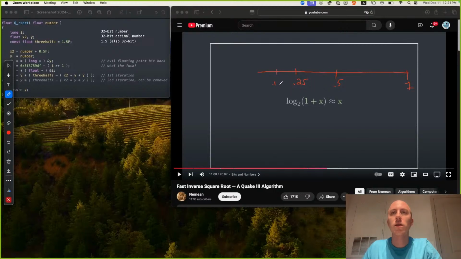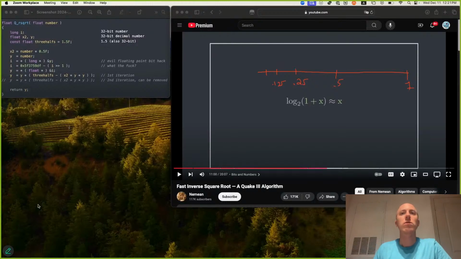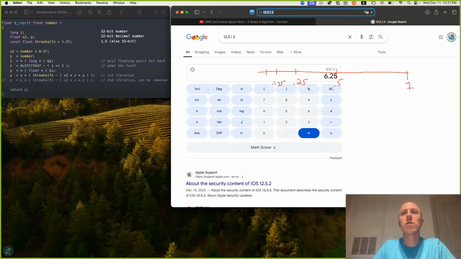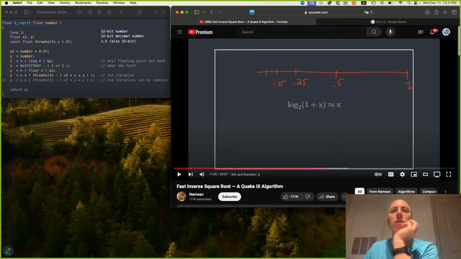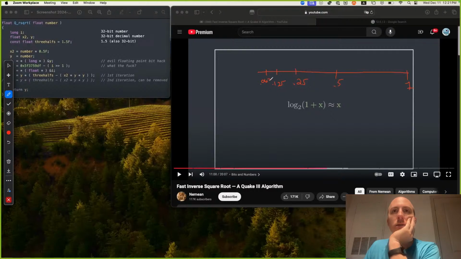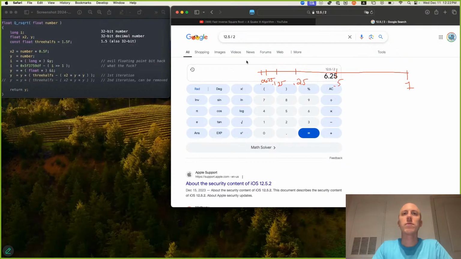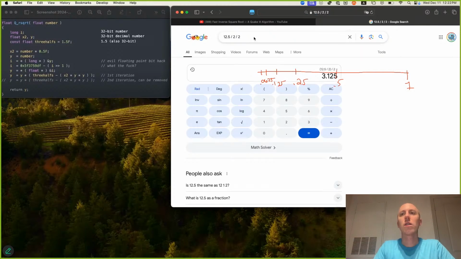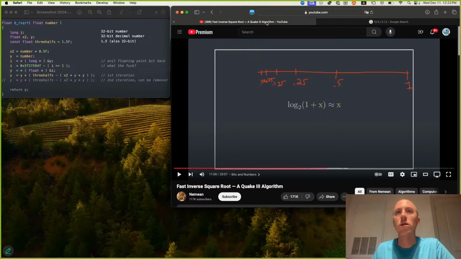And then half of that is 0.0625. And then half of that is 0.03125.